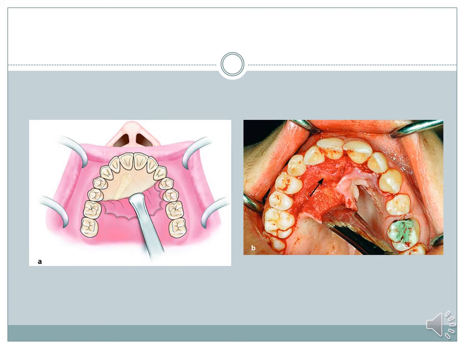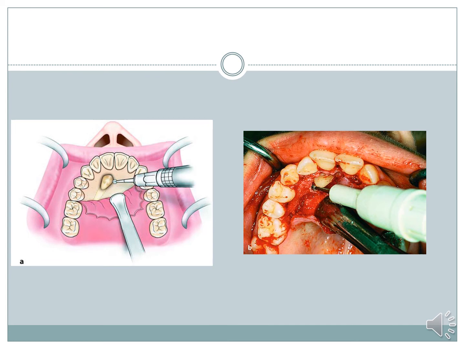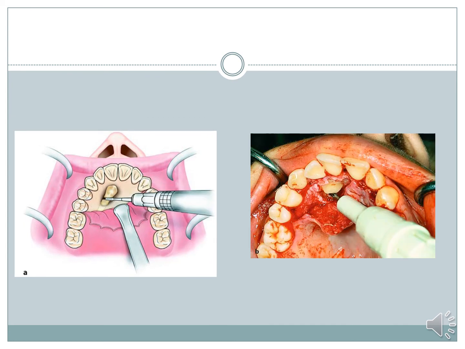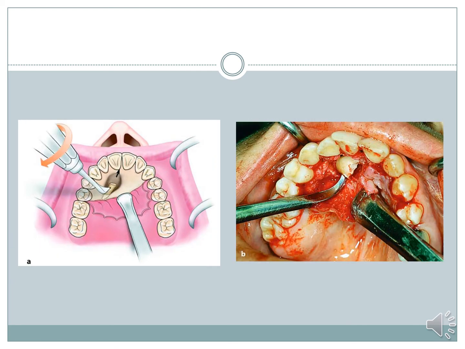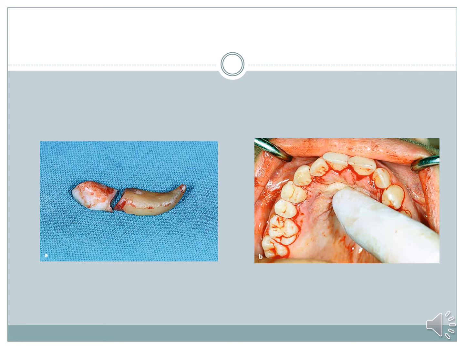Palatal mucosa reflected off the bone. Buccal bone removed. Tooth split done and tooth elevated. You can see a dilacerated tooth, which is one of the indications for removal of an impacted tooth.